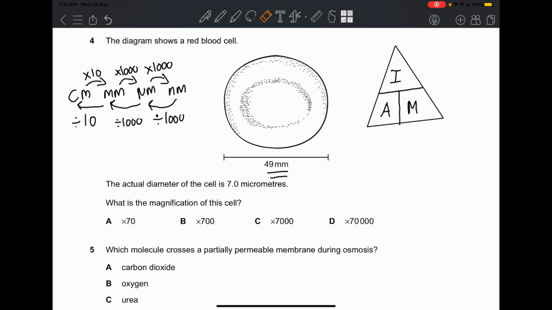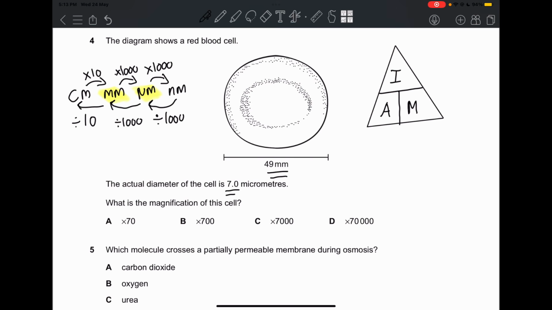Over here I have drawn this diagram which shows how to convert from centimeter until nanometer. This one is the micrometer and this is the millimeter. If you want to convert from millimeters to micrometers, you multiply by 1000. Over here, I'm going to multiply the 49 millimeters by 1000 to convert it to micrometers, so the actual diameter and the image have the same units.